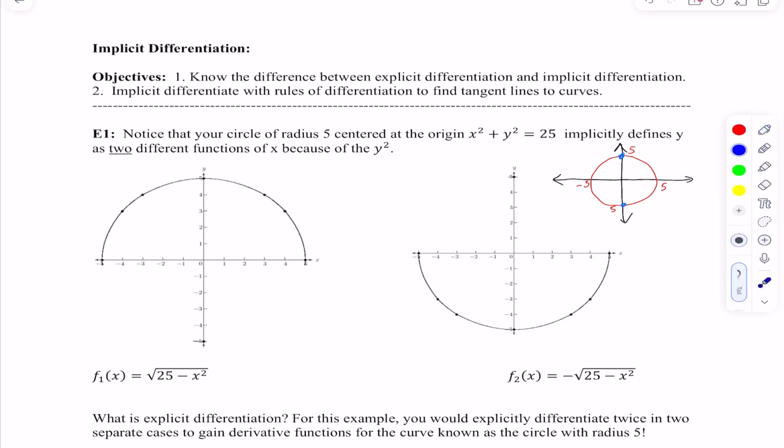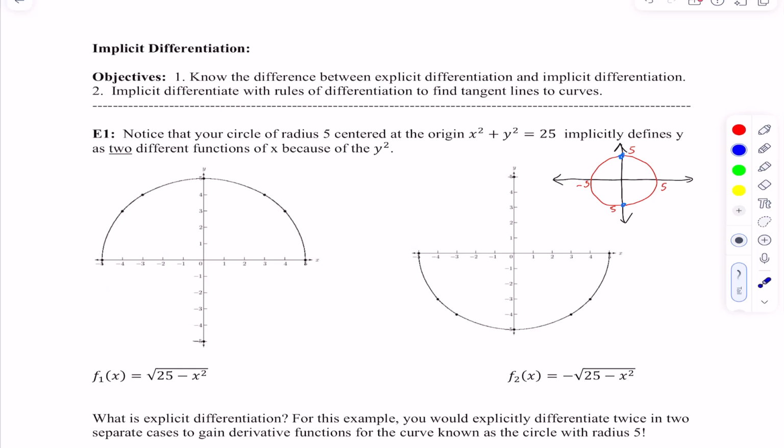However, if you solve for y and make sure that the two different y's have an exponent of 1, then we actually have two distinct functions. Notice the top half of the semicircle is a function and the bottom half of the semicircle is a function.